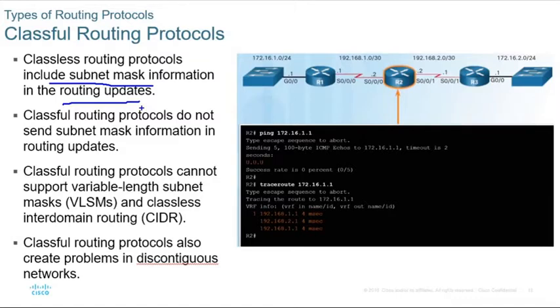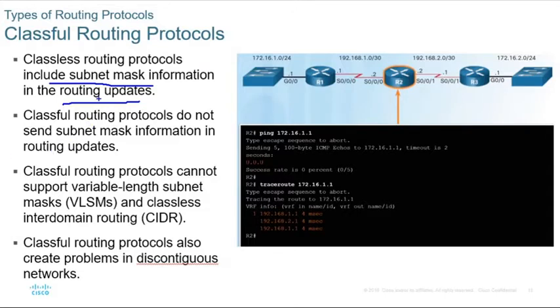Number one is the periodic update, run by distance vector routing protocols. The other is the triggered update, run by link state routing protocols. We're going to see the differences and advantages between those two types of updates.